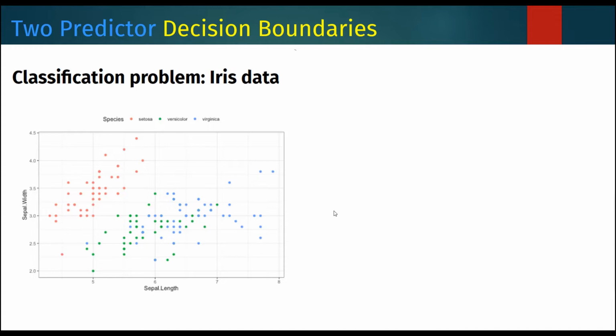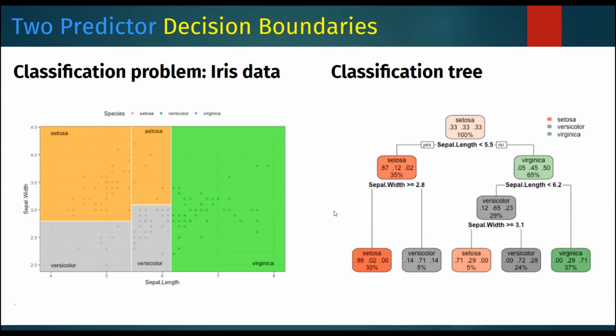You can see sepal length and width, how it is modeling, and here we are training our data. You see how the classification tree is going on, how it is growing. We can see on the left side our diagram and on the right side our tree.